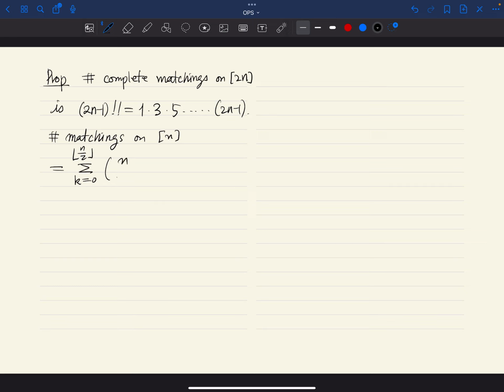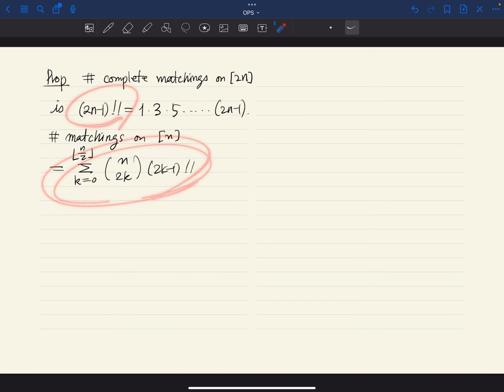Among n, you select 2k elements for the perfect matching, and the remaining things will be fixed points. Among these 2k integers, you find a perfect matching, so it will be (2k minus 1) double factorial. So I just proved this using the first one. So let's prove the first one. That's going to be enough.